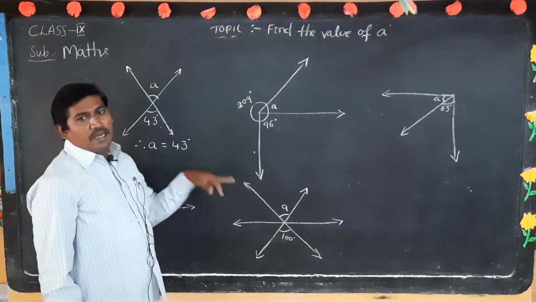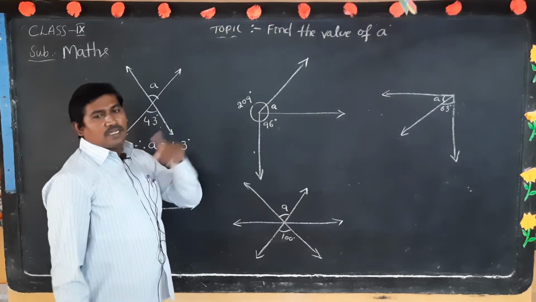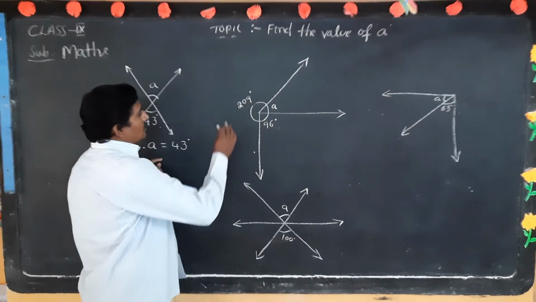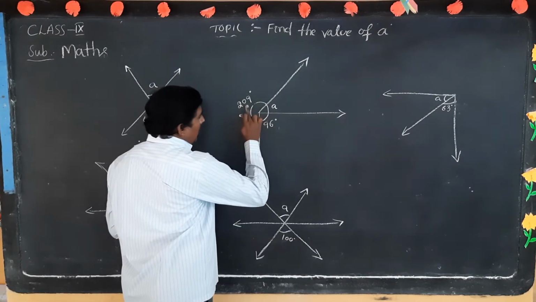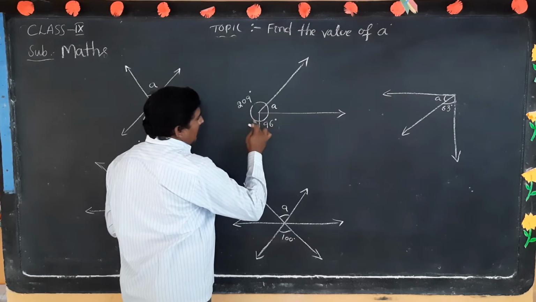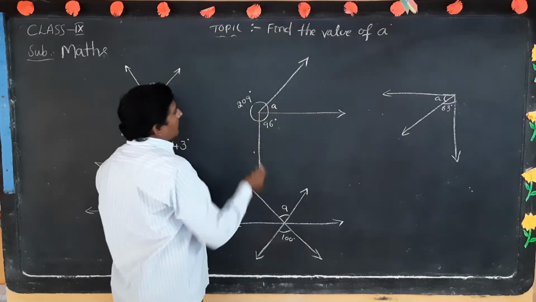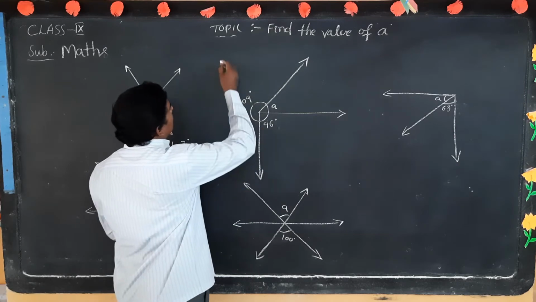And here, a complete angle means one total rotation, which means 360 degrees. This angle is 209, this is 96 degrees, and this is A. So the three angles added together make 360 degrees.